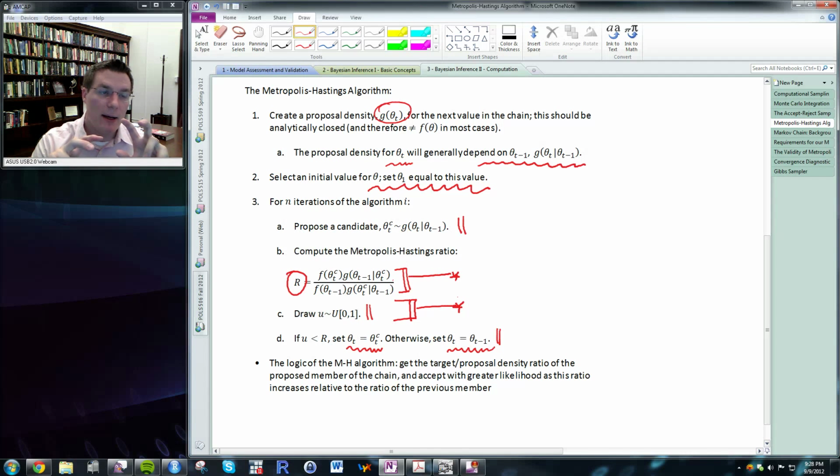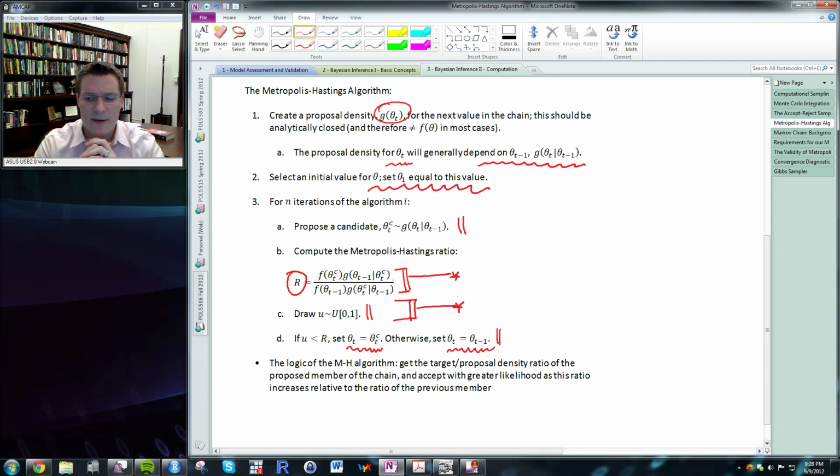We accept things more frequently if they appear a lot in the posterior and if they are unlikely to be proposed. We're likely to keep our current value if it's got a higher posterior density and it's unlikely to be proposed. And so we compare those two quantities in a ratio, i.e. the Metropolis Hastings ratio, to figure out whether we should keep the sample we got or move on.